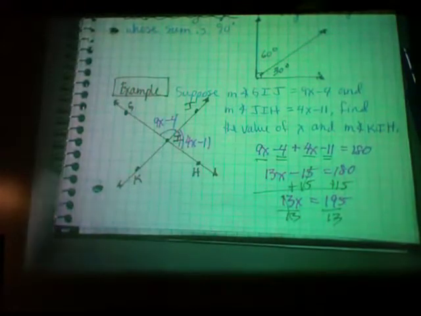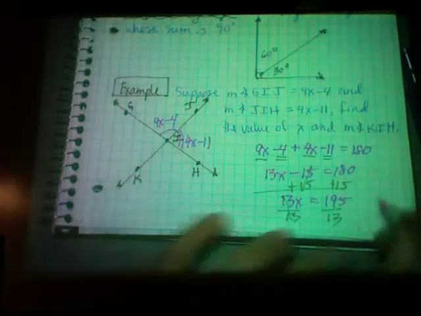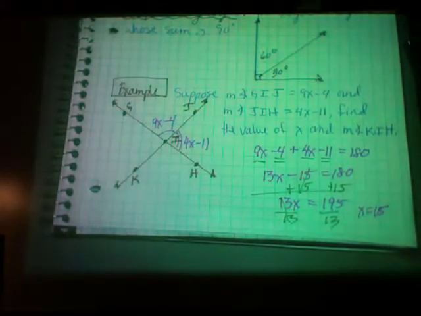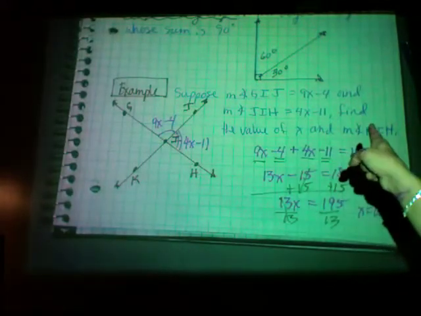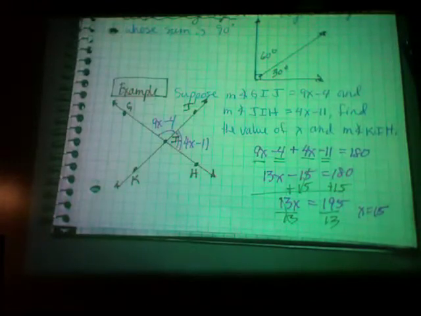You should get a value for x that is 15. You are going to have to plug that in, find it, and then on Tuesday I'm going to ask you what the answer to the value of that angle is, okay? It's 15, but make sure that you can get it to equal 15.